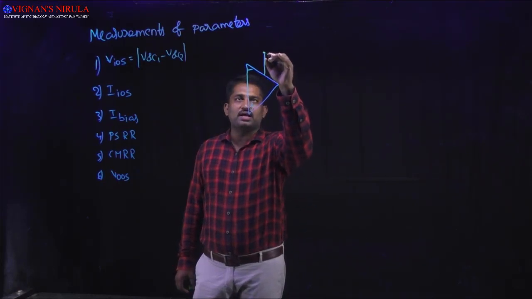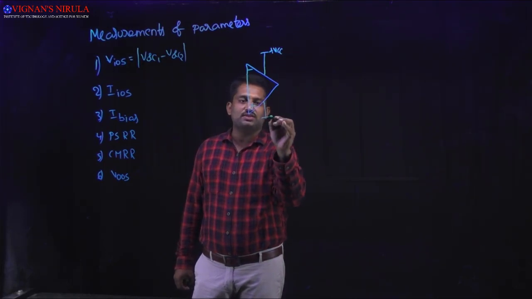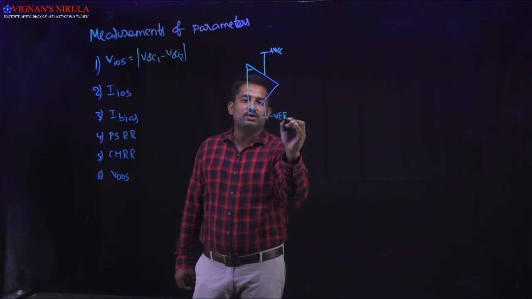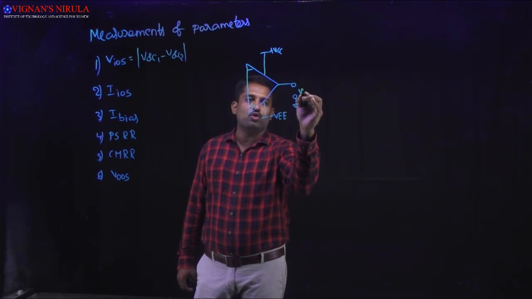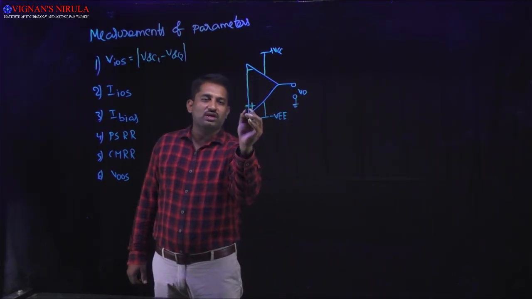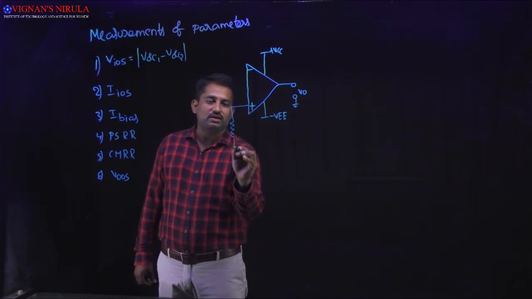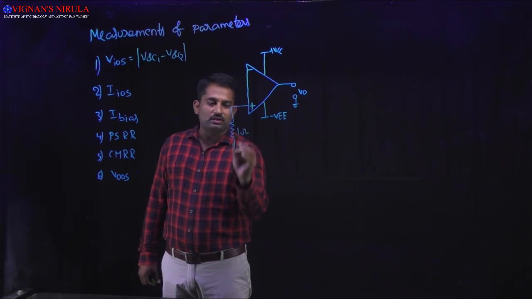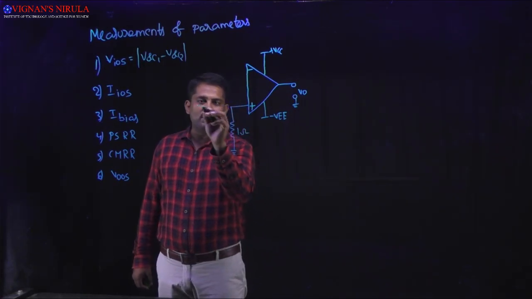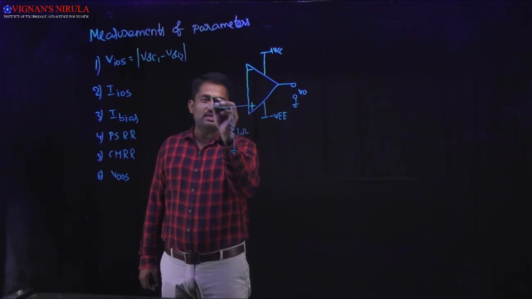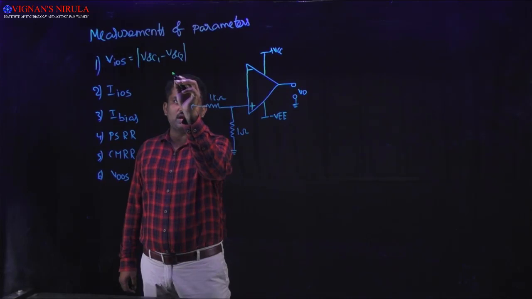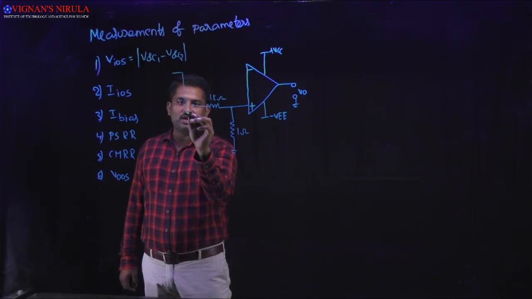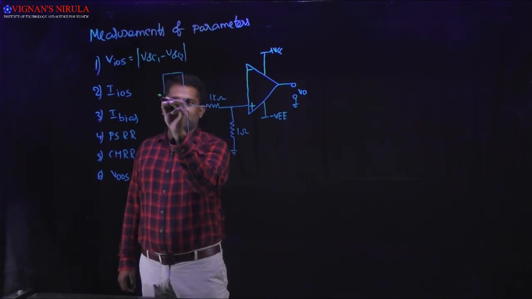We apply the supply voltages, plus VCC and minus VEE, and we have one output, which is the output voltage V0. Now I am going to consider 1 ohm connected to ground, and here I am applying another resistor of 1 kilo ohm, and here I am connecting the potentiometer.